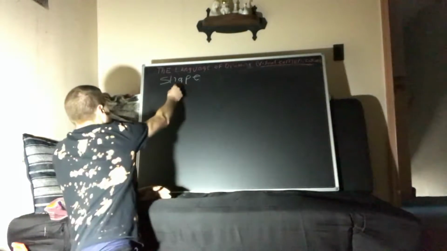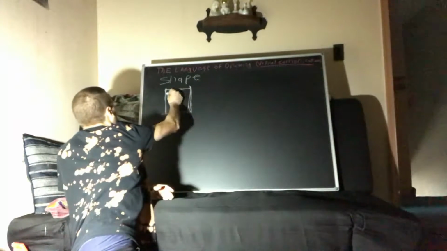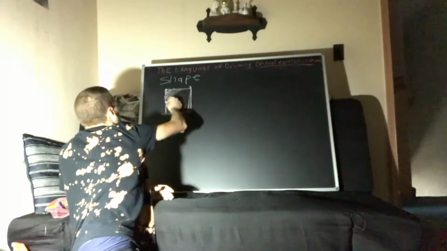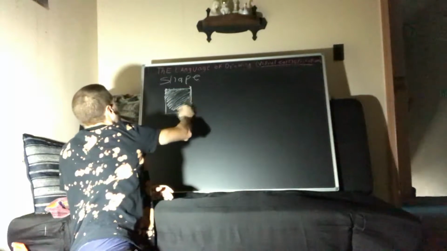So the first shape I want to talk about is the square, which is made by two horizontals and then two verticals. And then you have a square, right? Pretty simple. And I'll just fill that in to make it more clear, more solid.